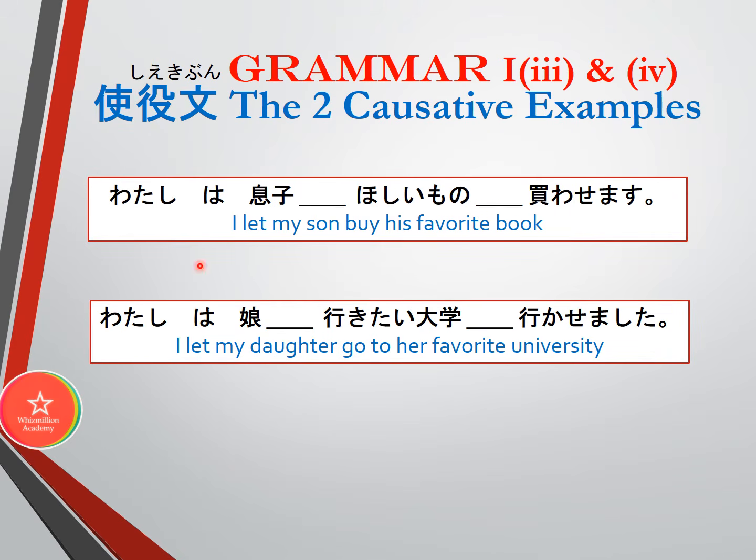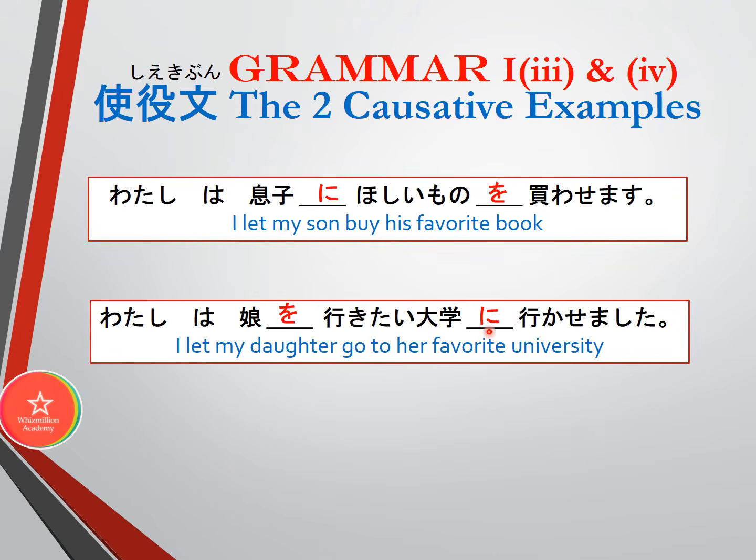For the first sentence, this is a transitive verb, so the particle attached to the person receiving this instruction is ni, as we learned in the previous slide. And then we have hoshii mono, this is a noun, so the particle here is o. Do you notice the ni here and the o here, even though both are nouns?